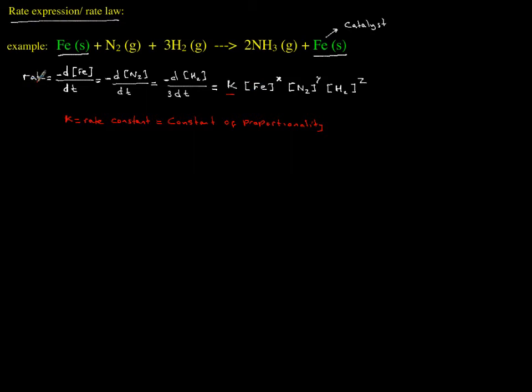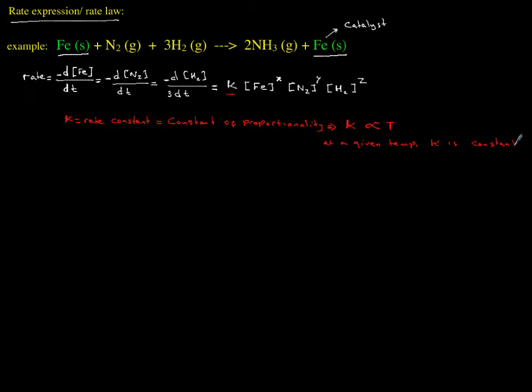And you can only find it experimentally, and it's a function of temperature. So K changes as you change temperature, so it's proportional to temperature. At a given temperature, K is constant.